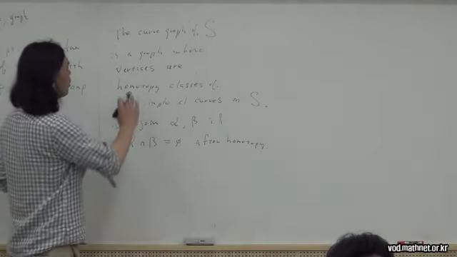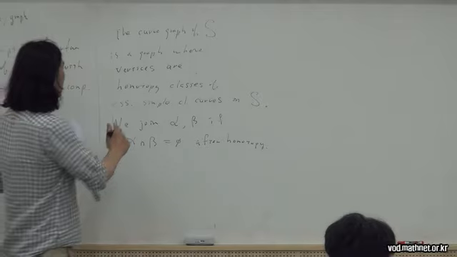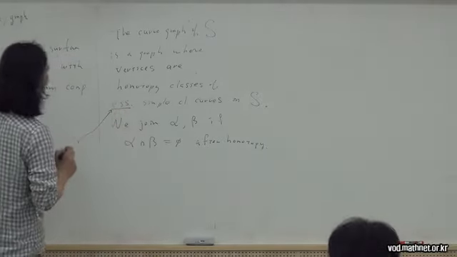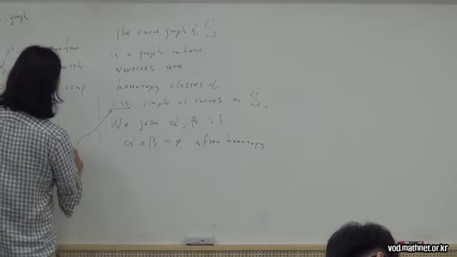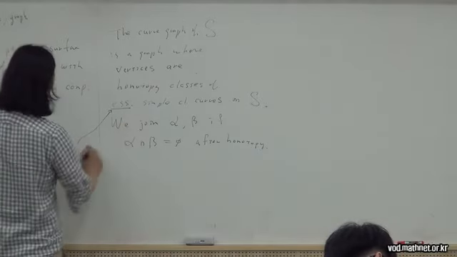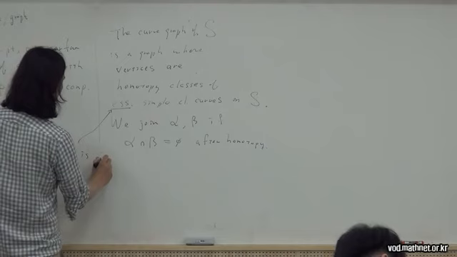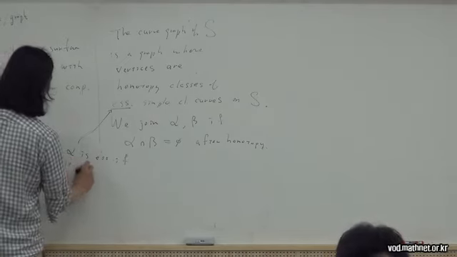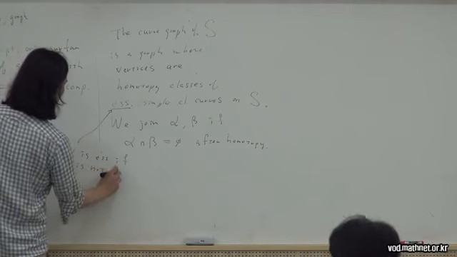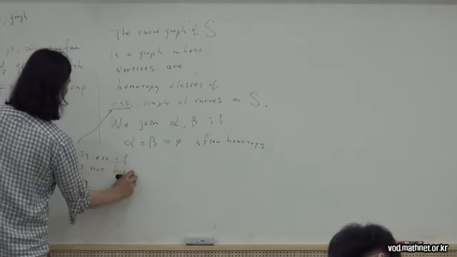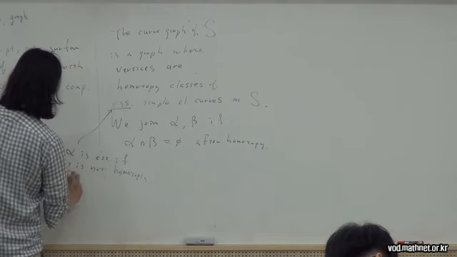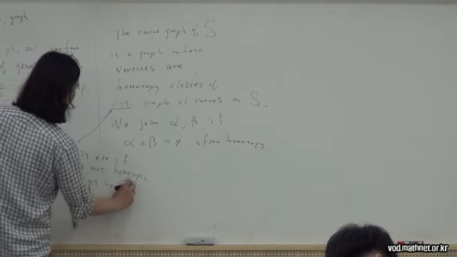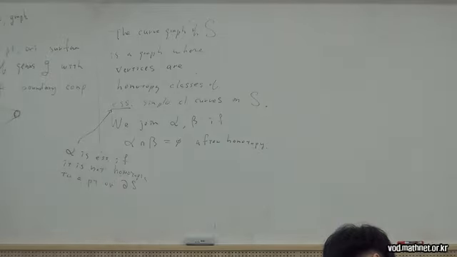I'll say a few words. Homotopy class, you know. Essential here means that a simple closed curve alpha is essential if it is not homotopic to a point or a boundary component.